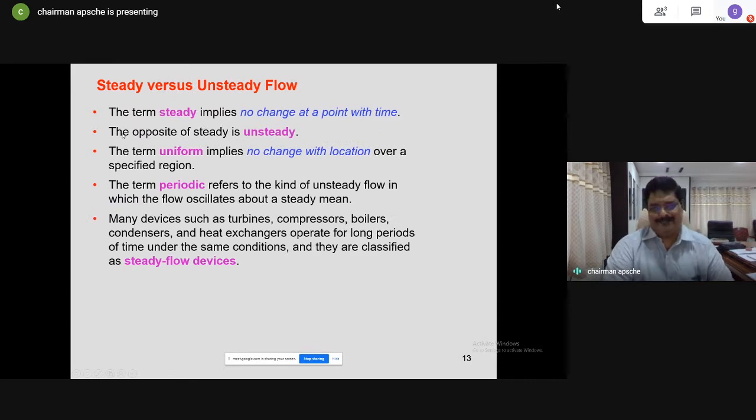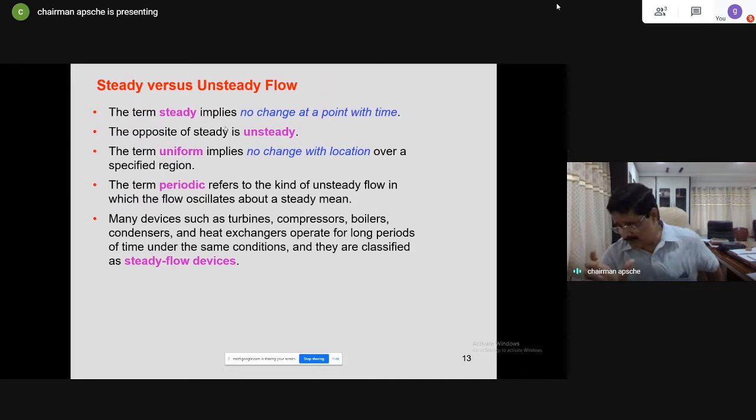Some of the parameters, very quickly, let me go through. Steady flow: we have discussed in detail steady state heat transfer. A steady flow is the opposite of highly fluctuating, unpredictable flow. The term uniform flow implies the constant characteristic of the fluid flow at a given location, irrespective of the time.